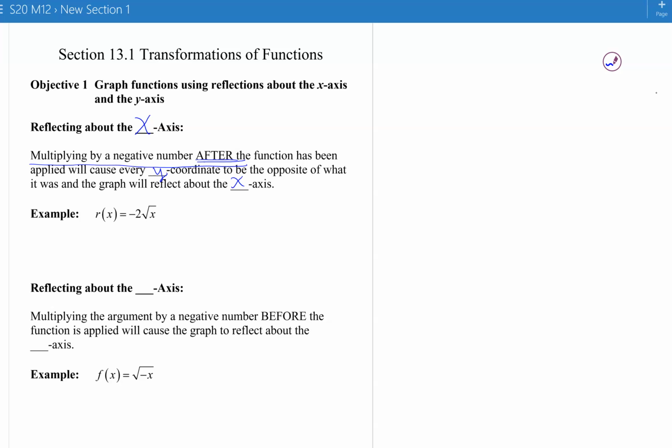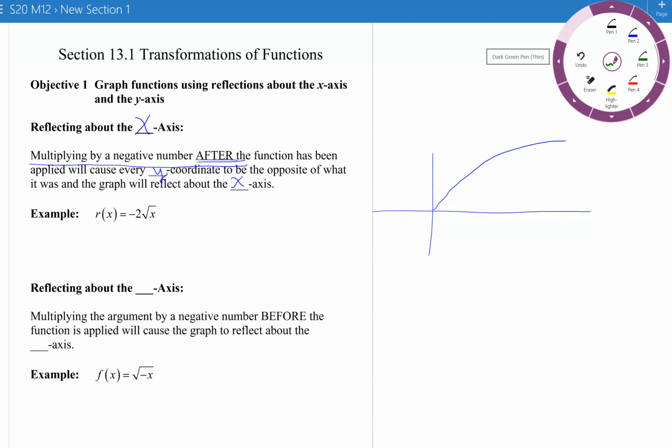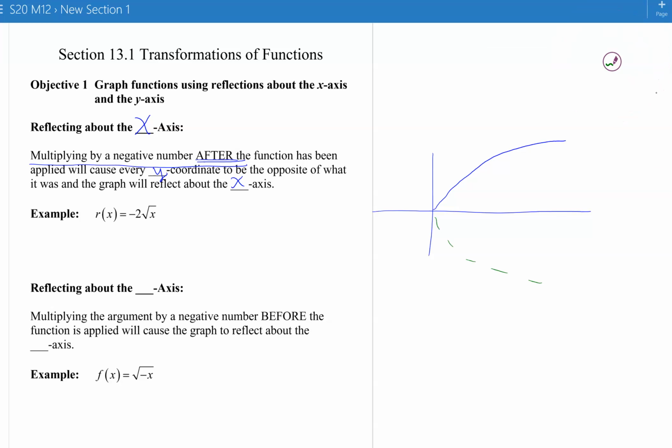If I have a function r of x is the opposite of 2 square root of x, well, the square root of x function looks something like that, and if you multiply it by a negative number, then it reflects about the x-axis because every positive y value now becomes a negative number.